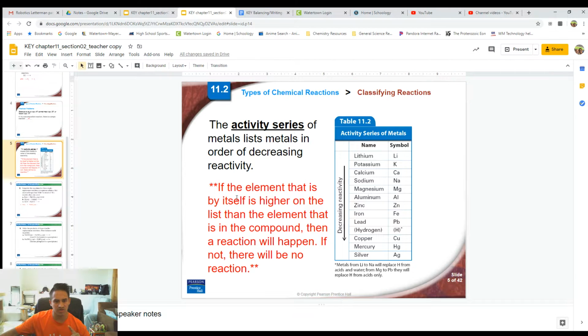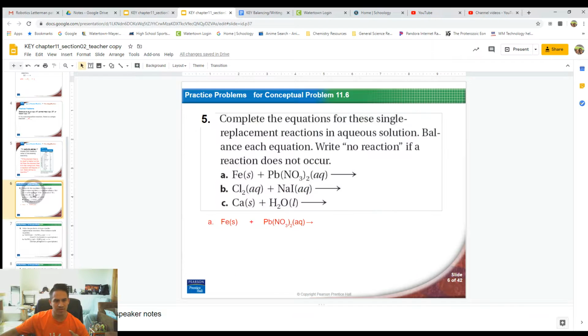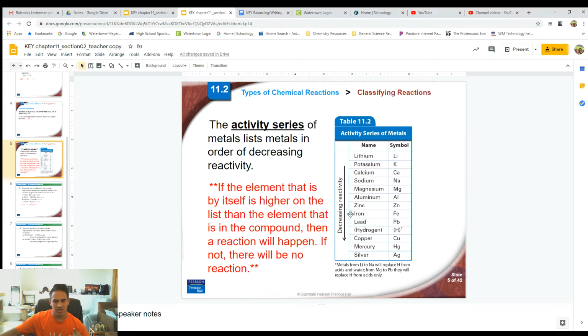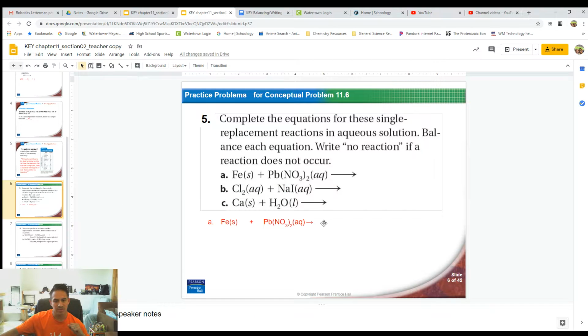And I have the note here: if the element that is by itself is higher on the list than the element that is in the compound, then a reaction will happen. The element by itself, again, in this case, is iron. The element in the compound is lead. So iron, Fe, is higher on the list than lead, which is the one in the compound. So yes, this reaction will happen.